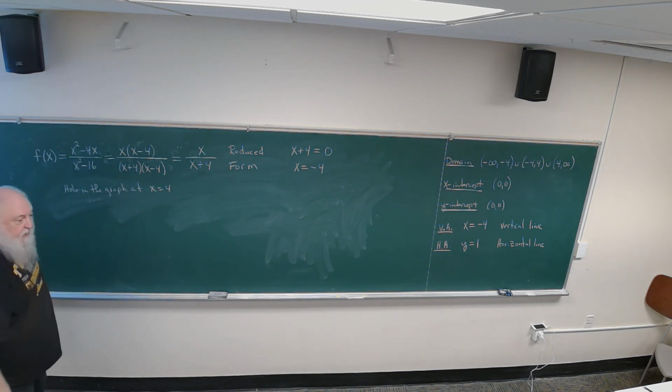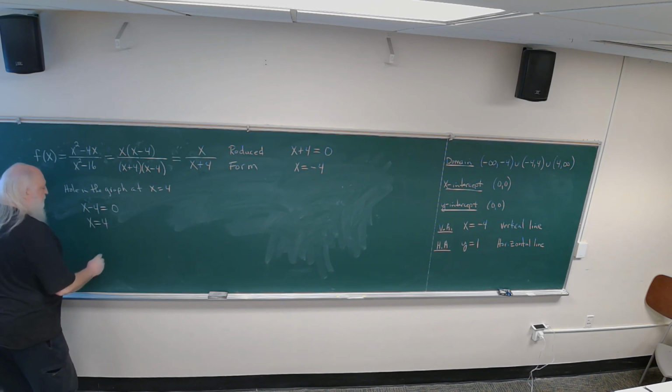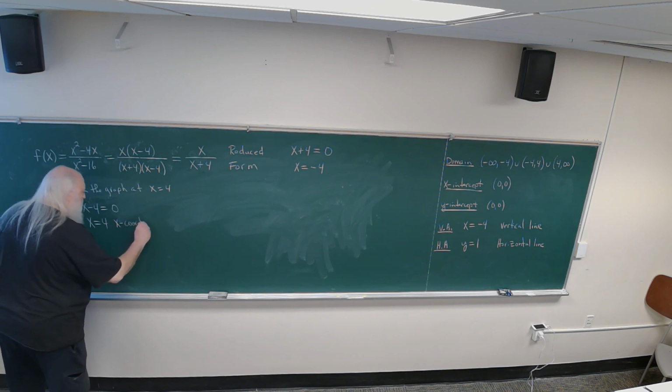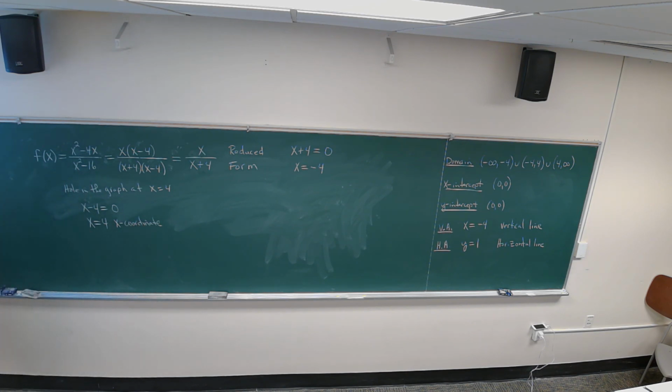You set that common factor equal to 0, and when you solve for x, you get x equals 4. That's the x coordinate for the hole, where the hole in the graph is located.